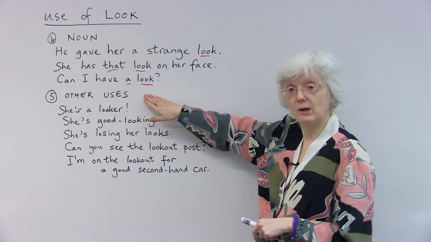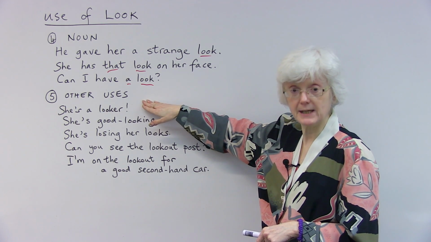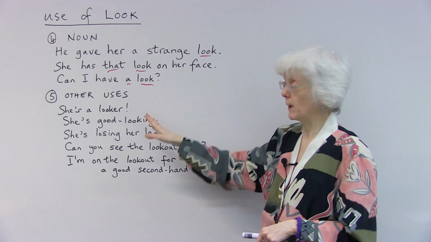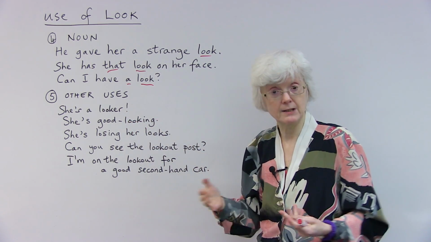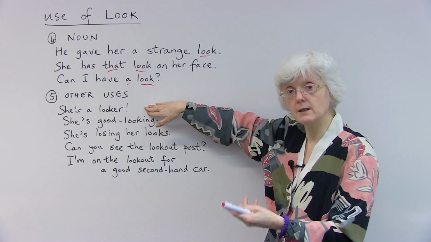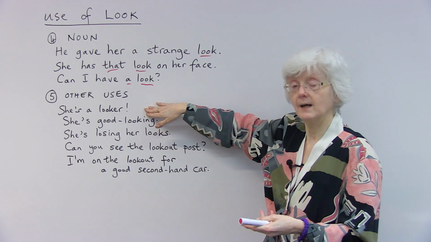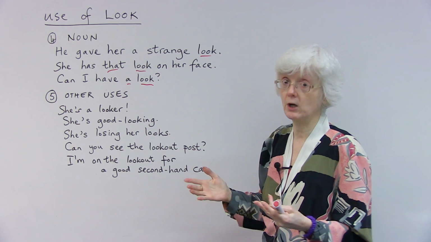Okay, so moving on to the final examples, other uses of the word look, and where they're sometimes combined with a longer word used in a particular way. So, for example, if somebody says about somebody, she's a looker, it means she's very beautiful, very pretty. She's a looker.